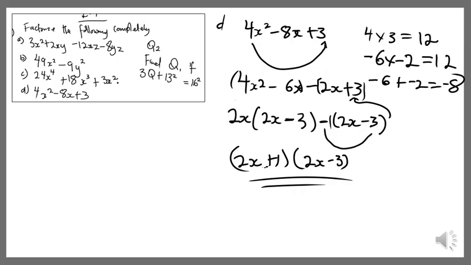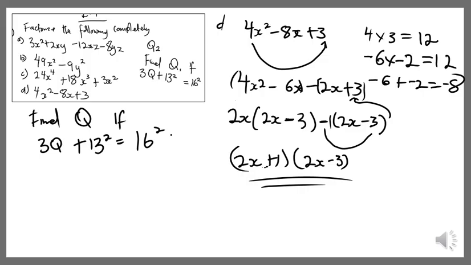Then the last question, question 2. So we have to find Q. If 3Q plus 13 squared is equal to 16 squared.